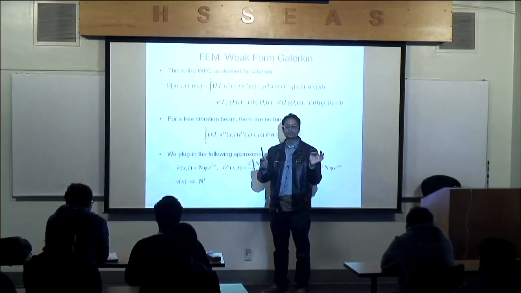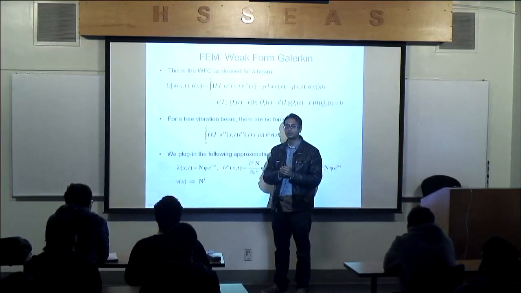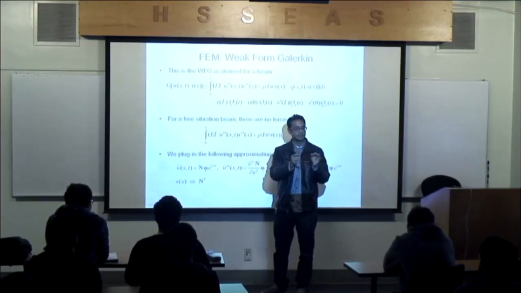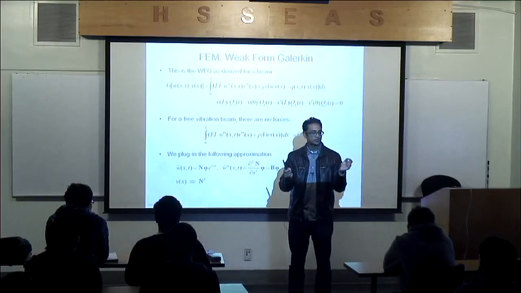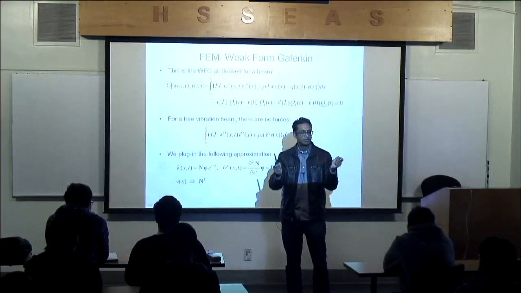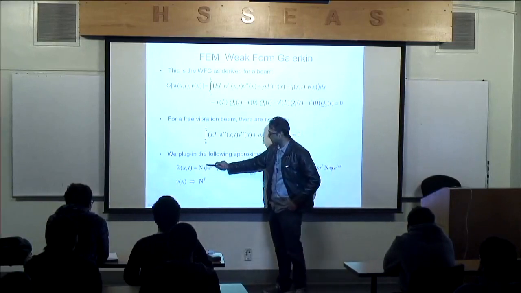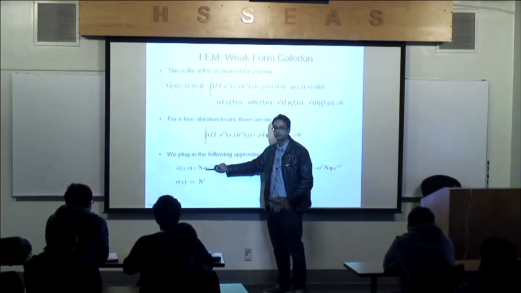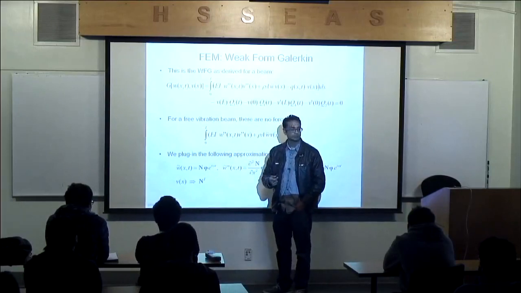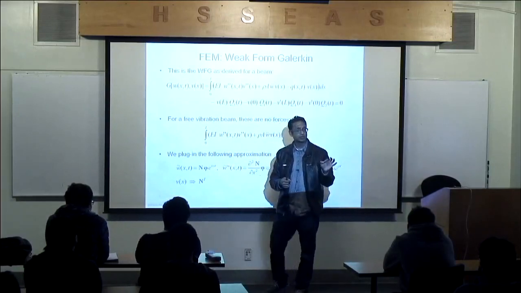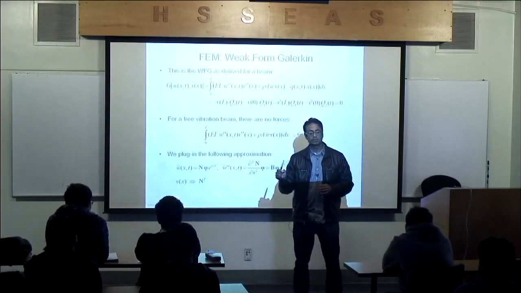So how many degrees of freedom do we have for an Euler-Bernoulli beam? 2 on each node, right? So this vector right here, phi, is going to contain these values, v1, theta 1, v2, theta 2, okay? v1, theta 1 at node 1, v2, theta 2 at the second node.